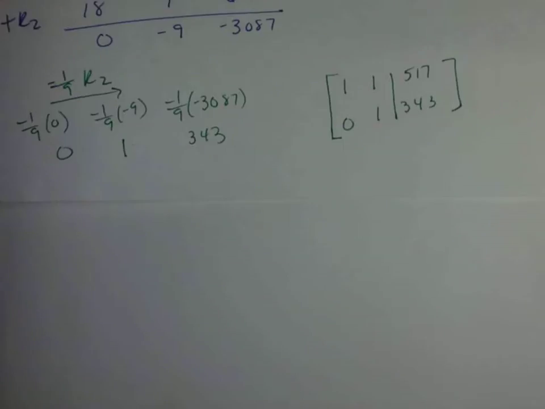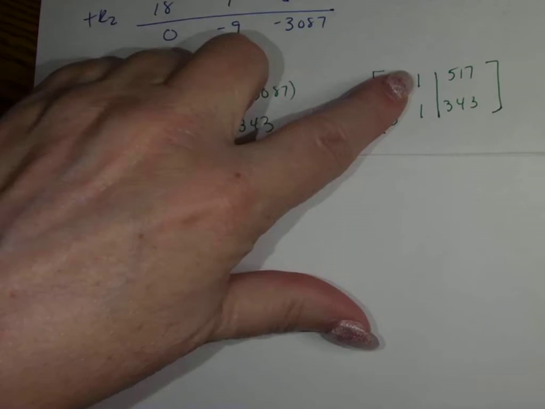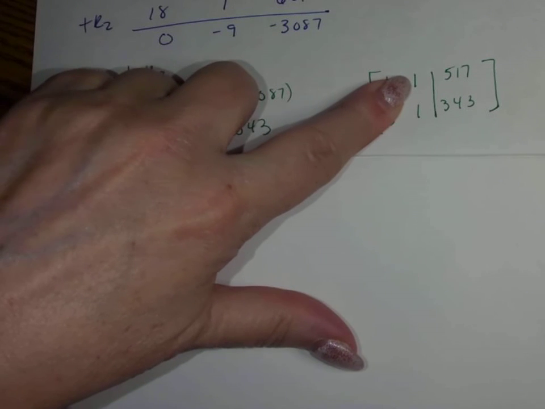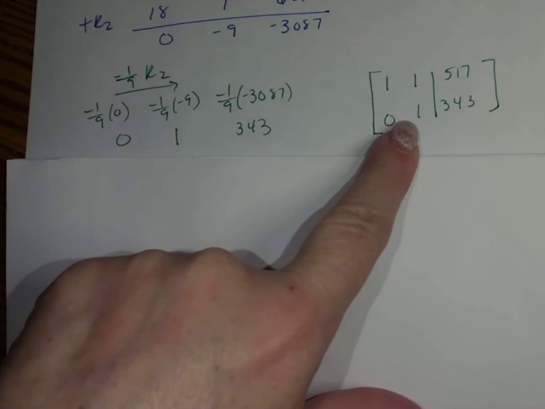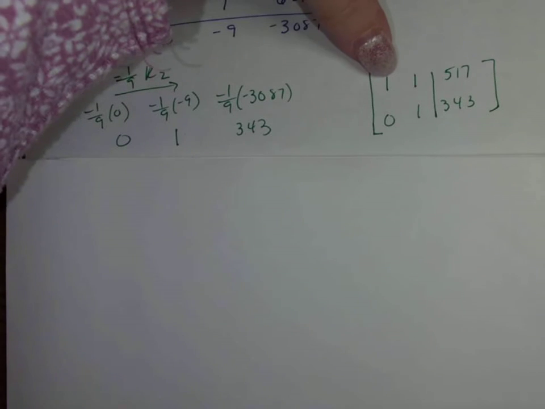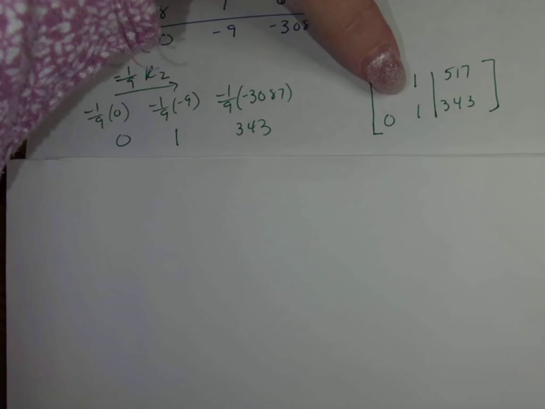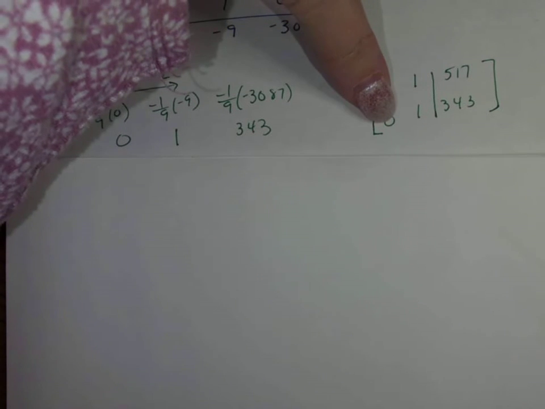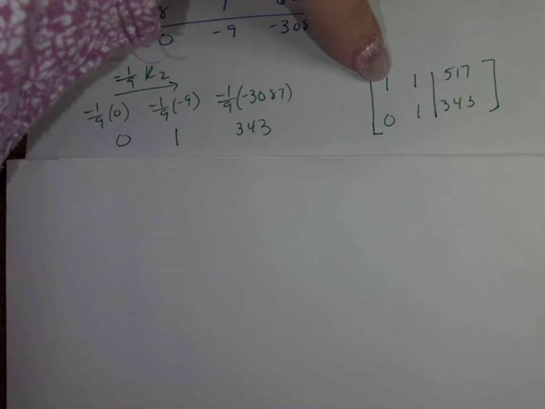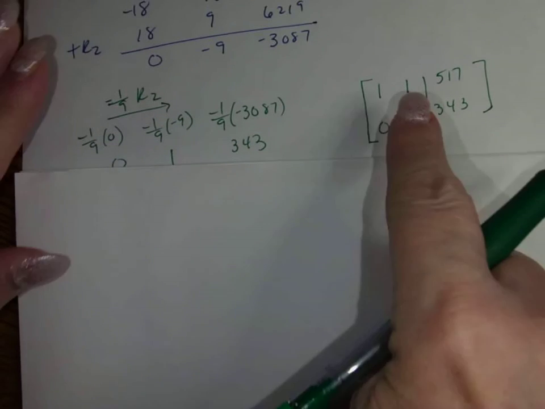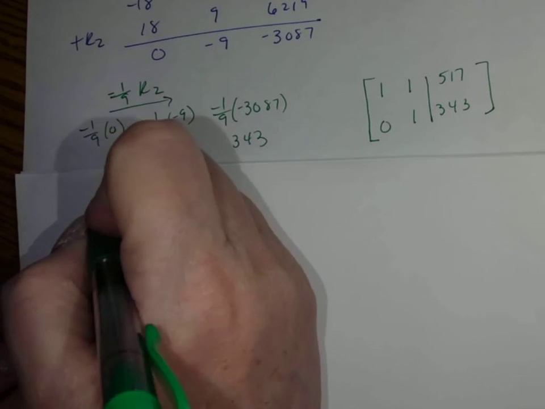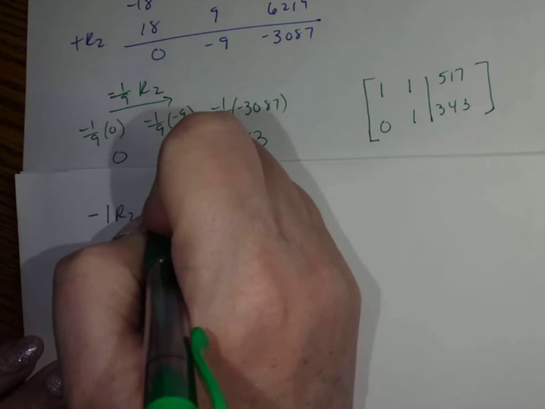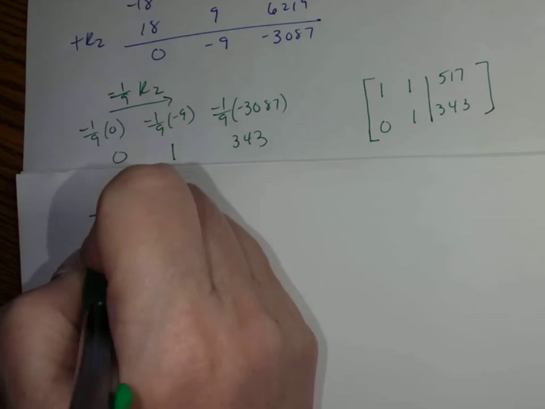All right, so in order, I need to keep this handy because we're still using it. So to get this to be a 0, I need to use my row 2 and add it to row 1, because anything times 0 is still going to be 0 when I add it. It won't change it. So to get this to be 0, I need to subtract 1. So I'm going to do negative 1 times row 2 plus row 1 will equal my new row 1.